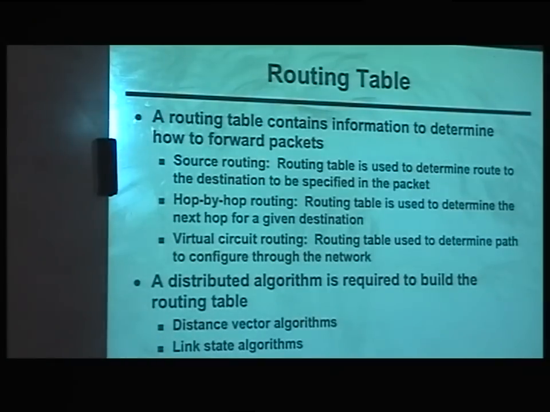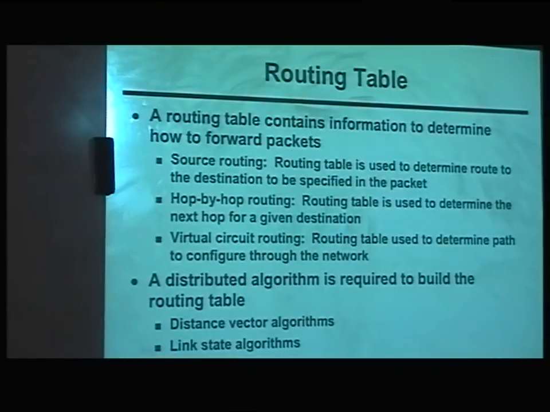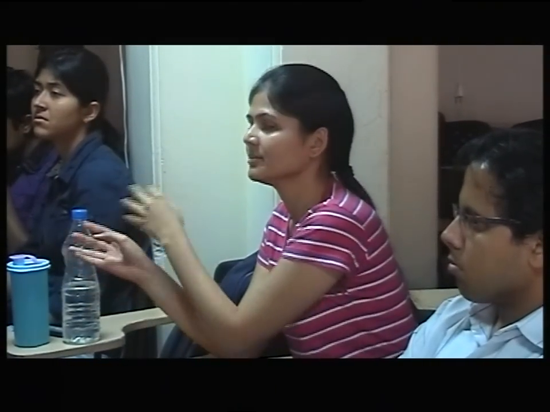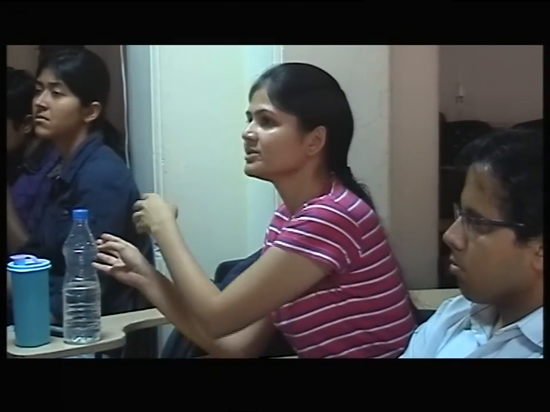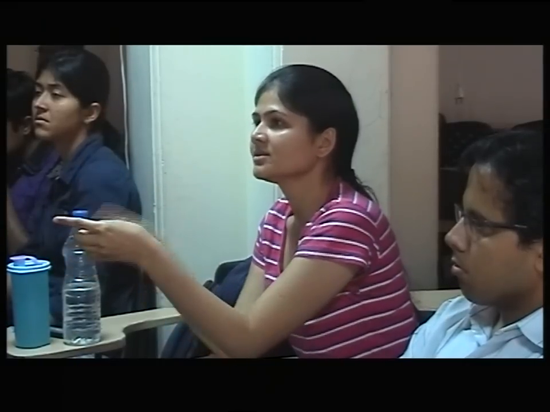Hop by hop is comparatively smarter than source routing in case there is some congestion. In case of hop by hop, it can easily change the path and send it to another node which will further transmit it to the destination. While in source routing, this cannot happen. If there is some congestion in that path, what will happen then? It will be discarded.